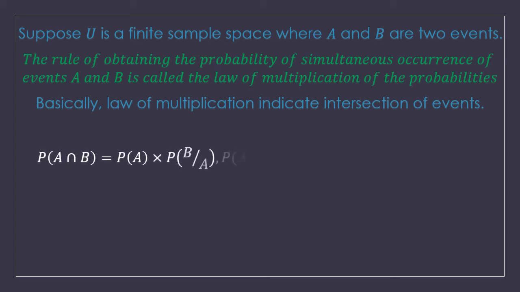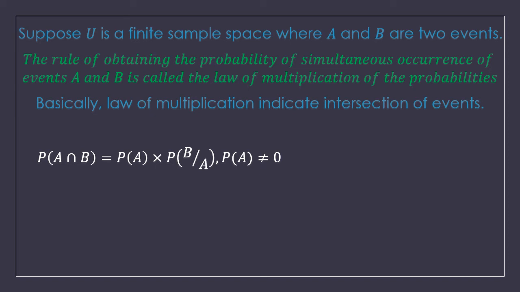So the probability of A intersection B is probability A multiplied by probability B given A. Now this is the law of multiplication of probabilities. So the formula for A intersection B is P(A) multiplied by P(B given A), where P(A) should not be 0.